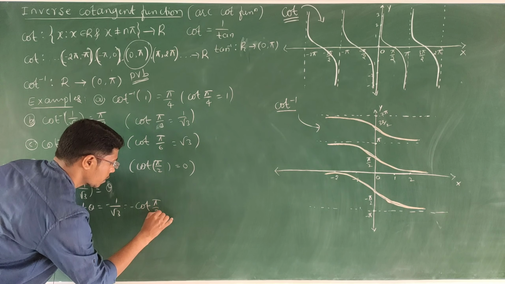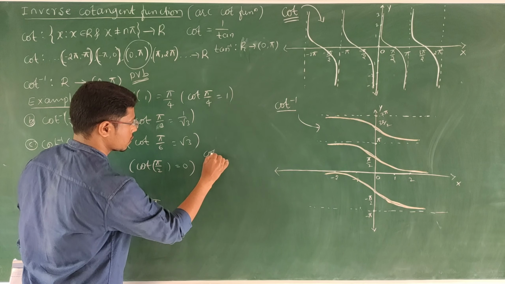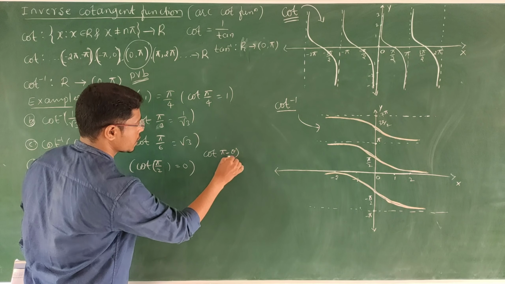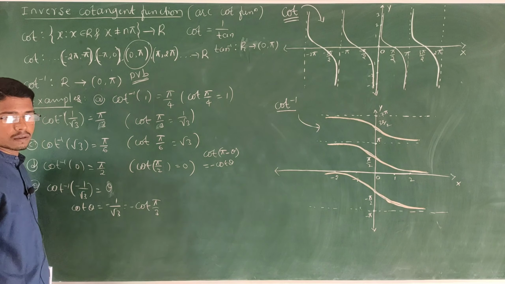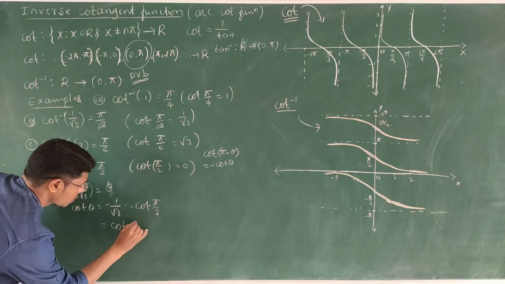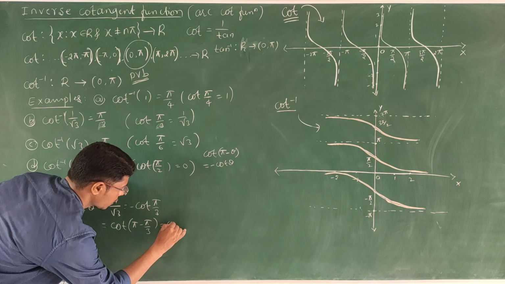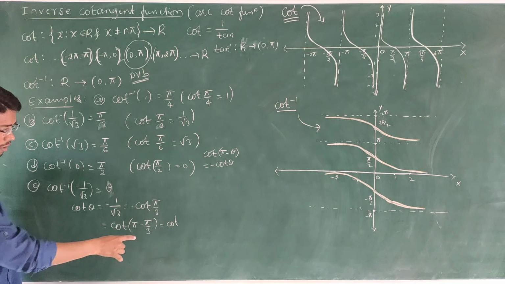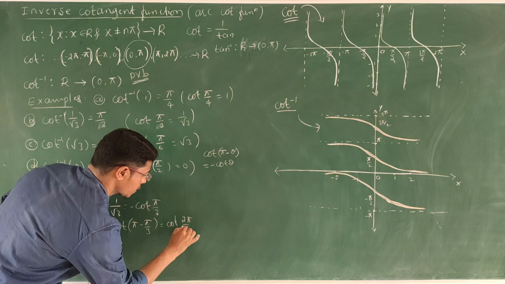Cot of pi by 3. So we know cot of 180 minus theta is minus cot theta, right? So taking it inside, this is equal to cot of pi minus pi by 3, equal to cot of 2 pi divided by 3.